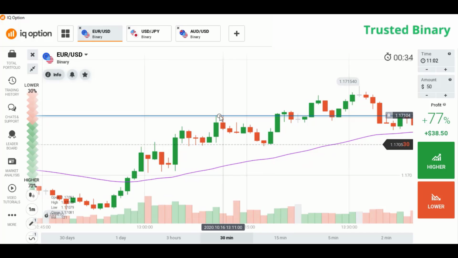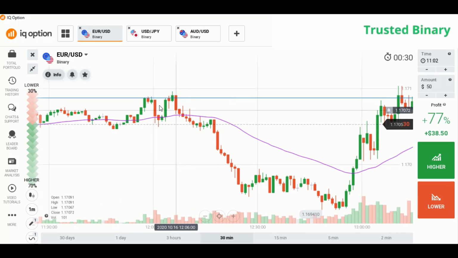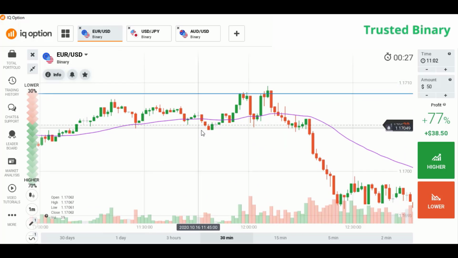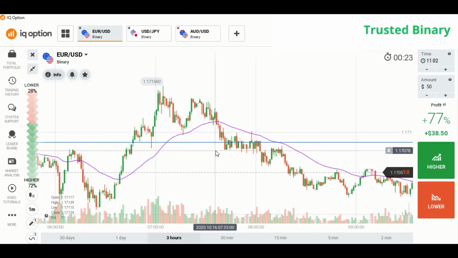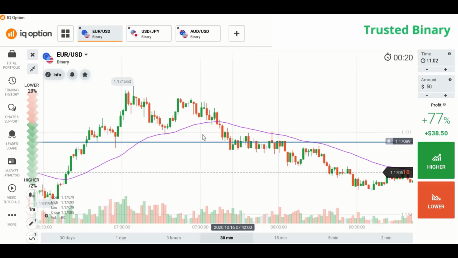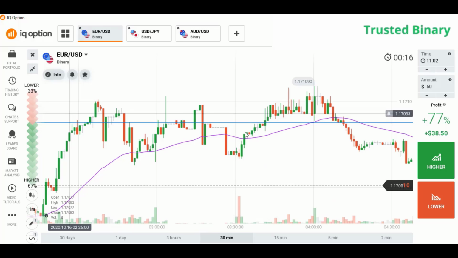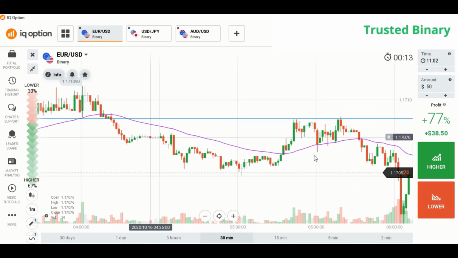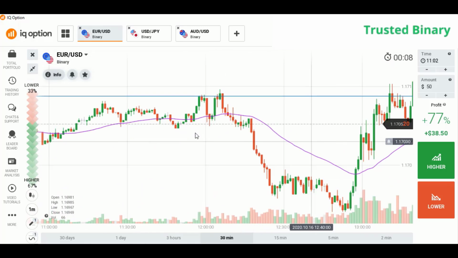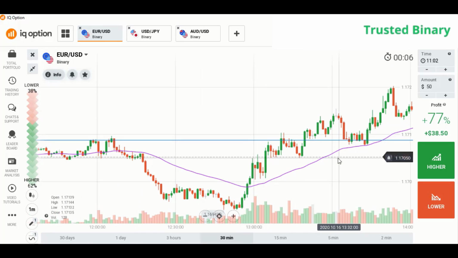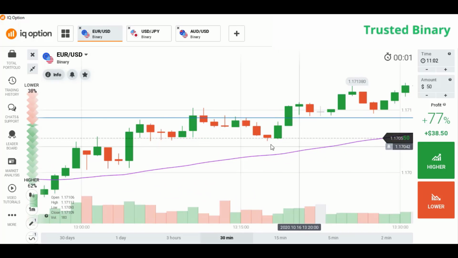Yes, this one. So we have to check the level. Yes, this resistance level, and it's a strong SNR level. Resistance, support. So the next candlestick goes down.